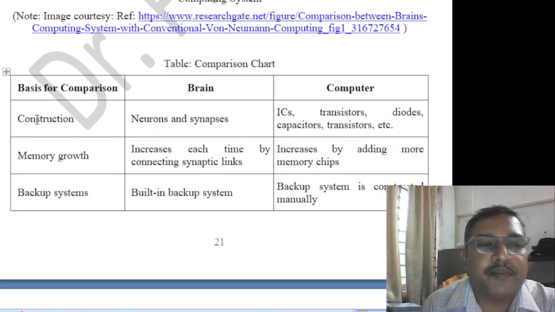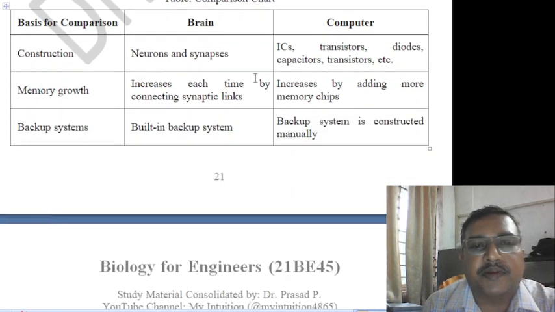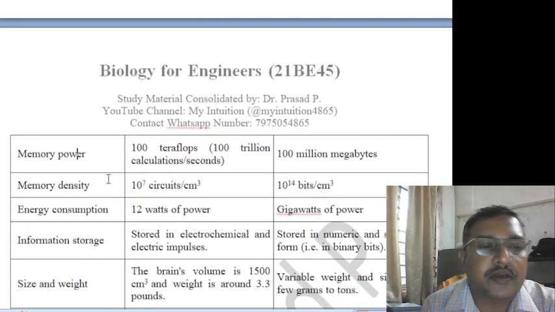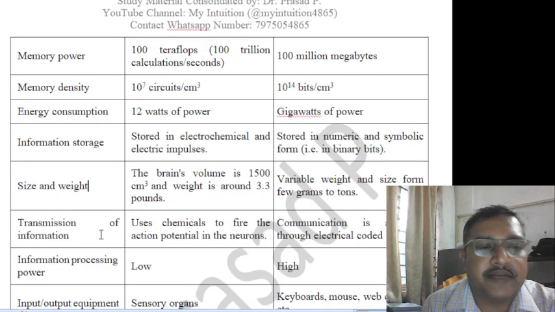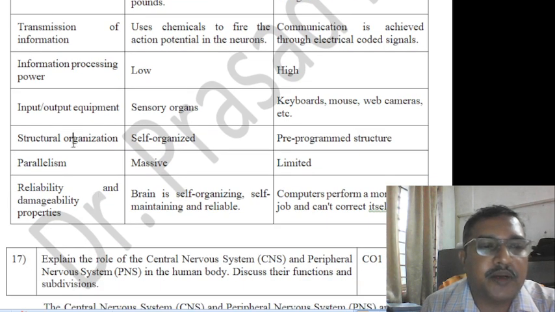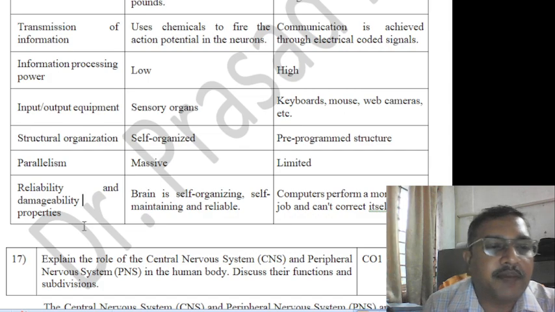Now, the basis of comparison: construction, memory growth, backup systems, memory power, memory density, energy consumption, information storage, size and weight, transmission of information, information processing power, input output equipment, structural organization, parallelism, liability and damageability properties.